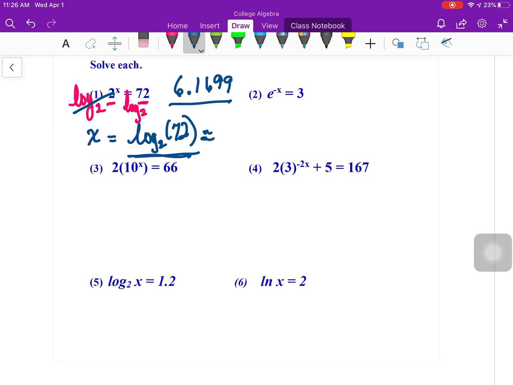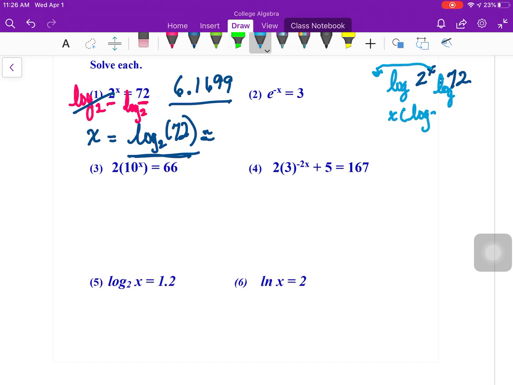Now, the other way we could do this is you can log base anything. So we had 2 to the x equaled 72. So say I chose to common log both sides, because then I'd be rewriting them both as base 10. So this would be log, log. Well, as we learned, exponents move to the front.